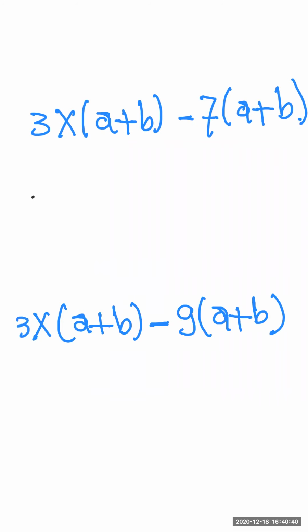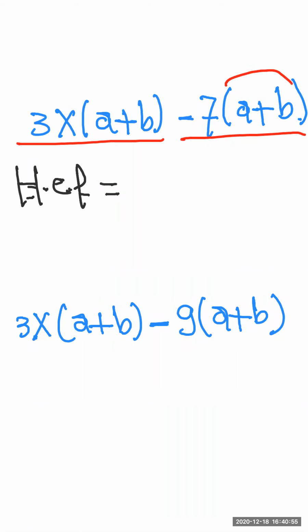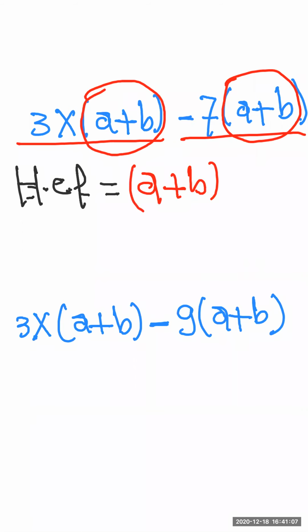The first one, H.C.F. Okay, now guys, H.C.F. will equal, check the two terms. Actually, there is a plus b and a plus b. What else? 3x and 7. Nothing is common here. So only a plus b is the common factor, or the highest common factor.